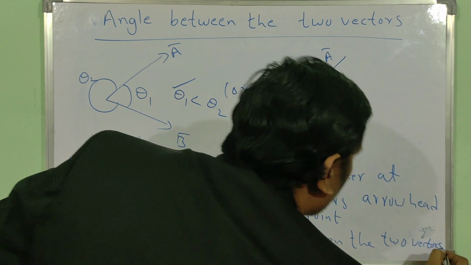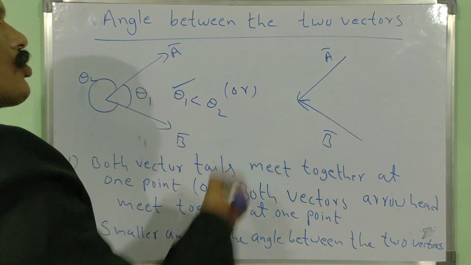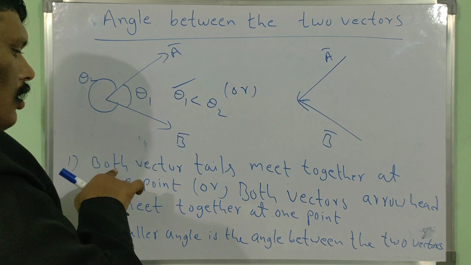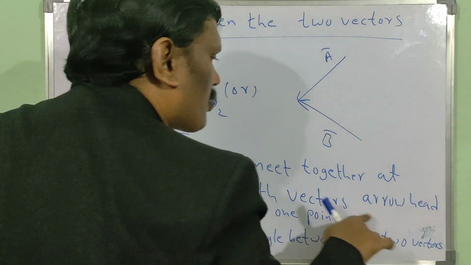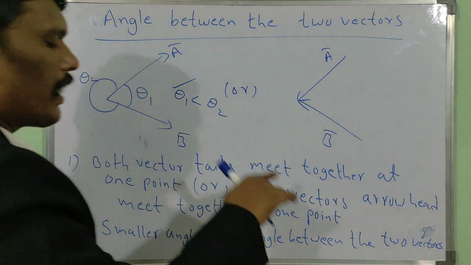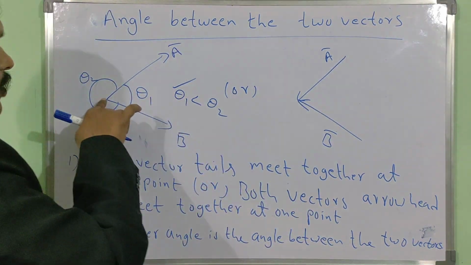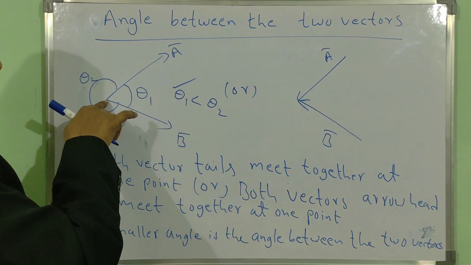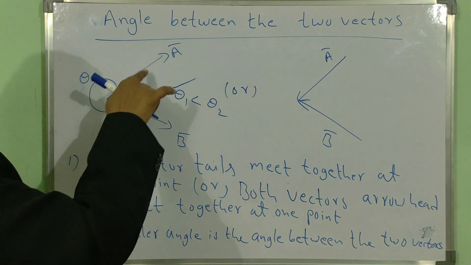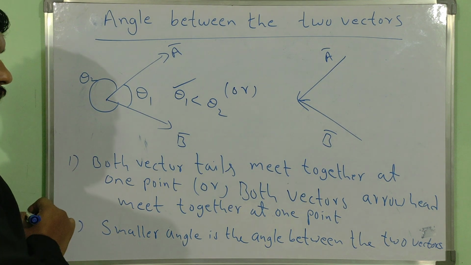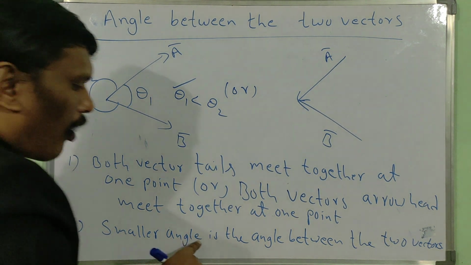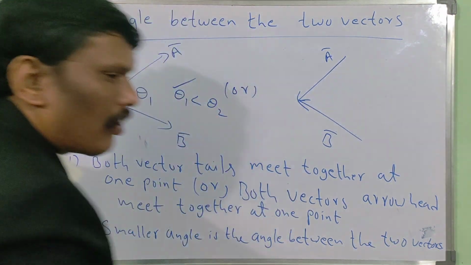Two vectors. Here also, first point is what? Both vectors' tails meet together at one point, or both vectors' arrowheads meet together at one point. So here what is happening? Both tails meet at one point. That is the first condition. Second condition, the smaller angle is the angle between the two vectors.